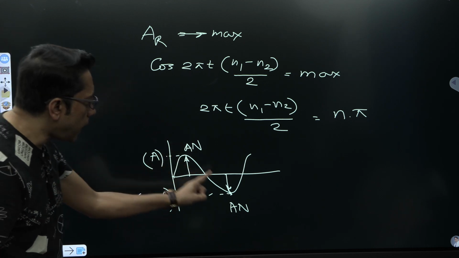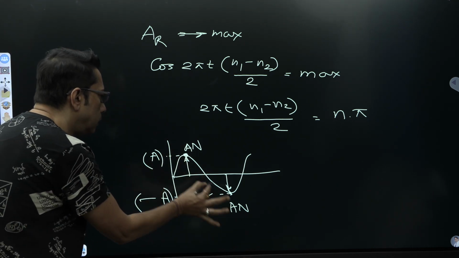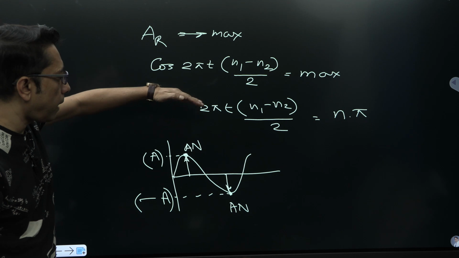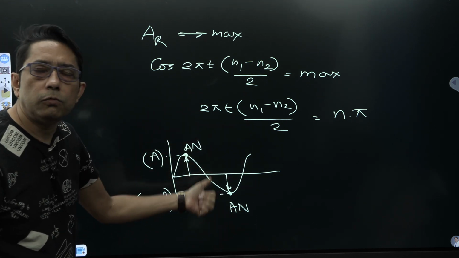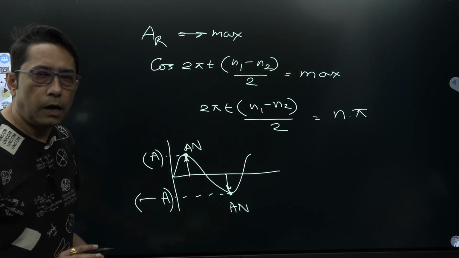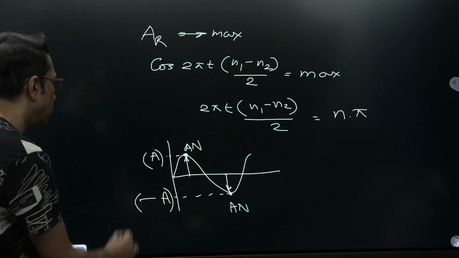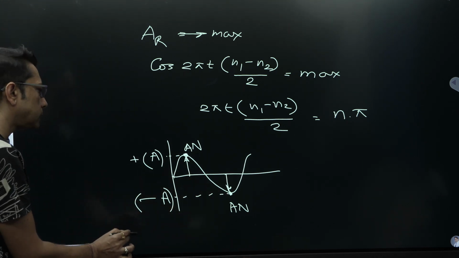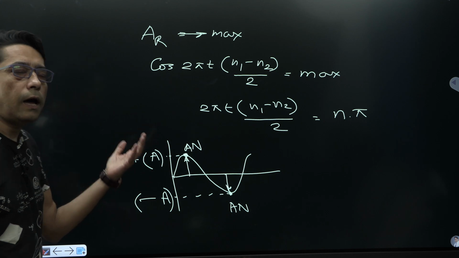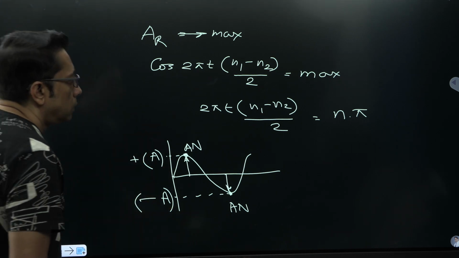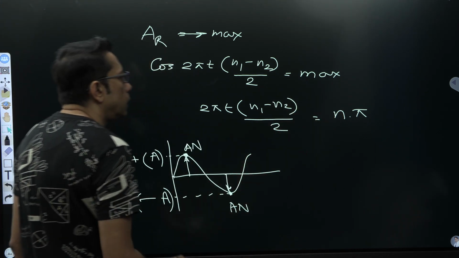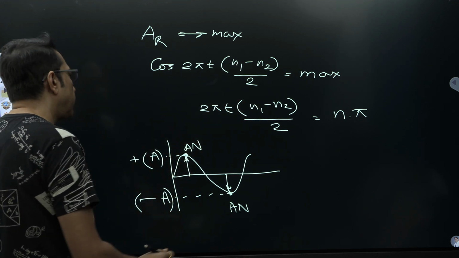That means at these two points, here and here, the amplitude is maximum. One is up, one is down, that is the only difference. Otherwise, these two values are maximum. So we can take plus as maximum or minus as maximum as well. That's why we are considering plus 1 of cos theta to be maximum, or minus 1 to be maximum.